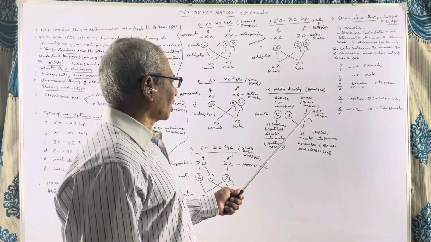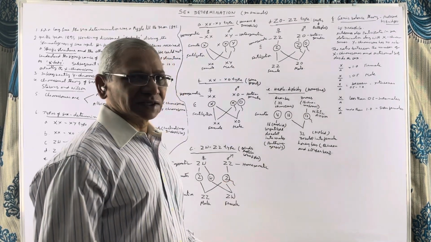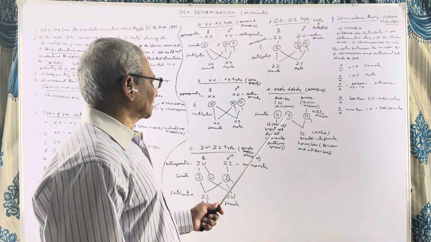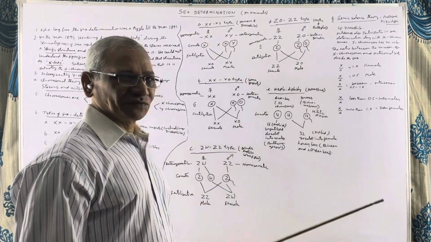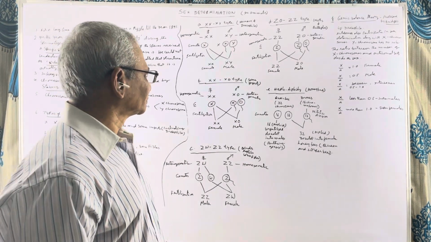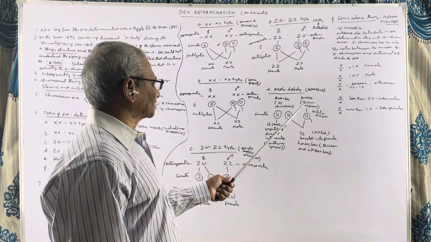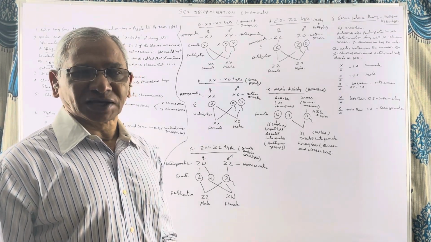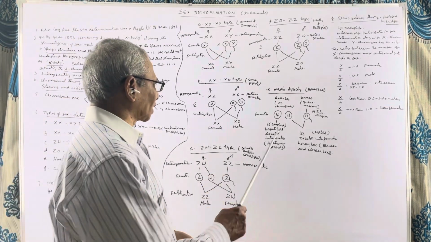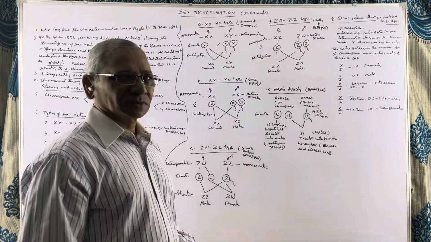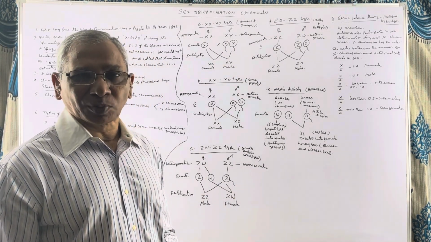The males or drones have only 16 chromosomes. That means the queen bee, which is a female, has a diploid number of chromosomes, whereas the males or drones have only a haploid number of chromosomes. Here diploid number means 32, full quota. Haploid means only half, that is 16. That's why it is known as haplodiploid mechanism.